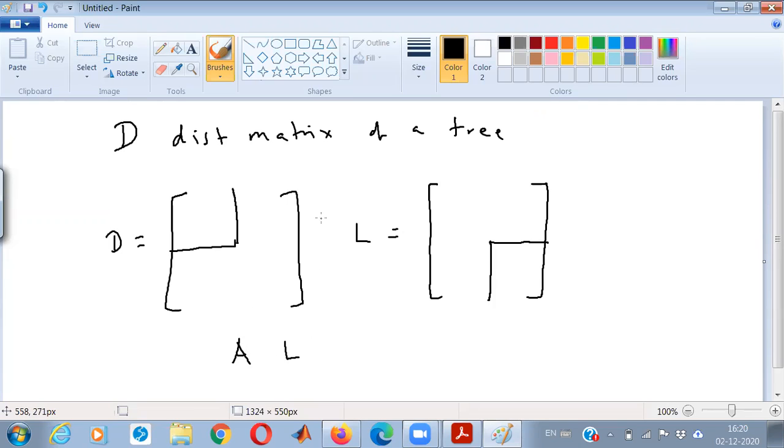If you specialize to n minus 1, that is just the number of spanning trees. But let me specialize to n minus 2 order, that means delete the first 2 rows and columns, suppose 1, 2, delete, and take the determinant. This we have already observed.